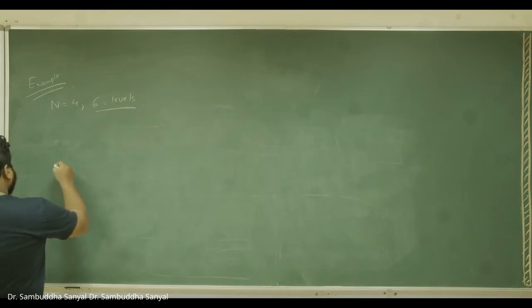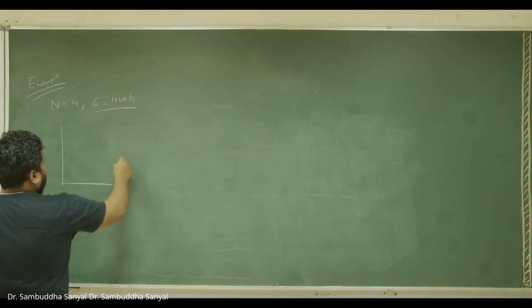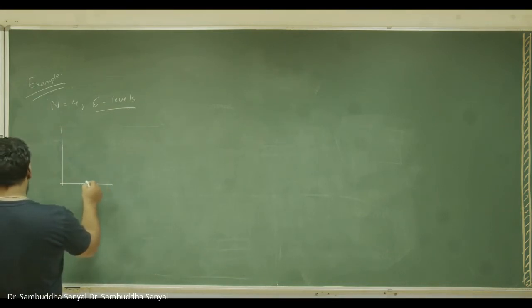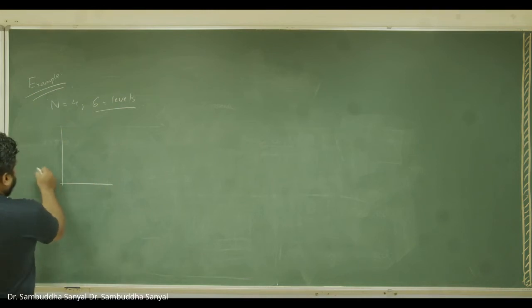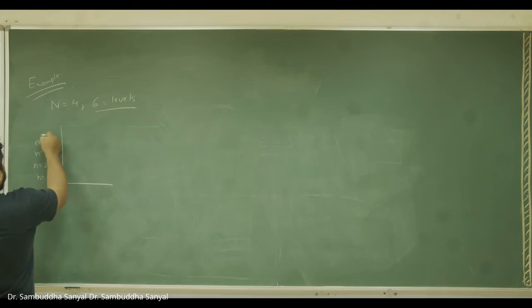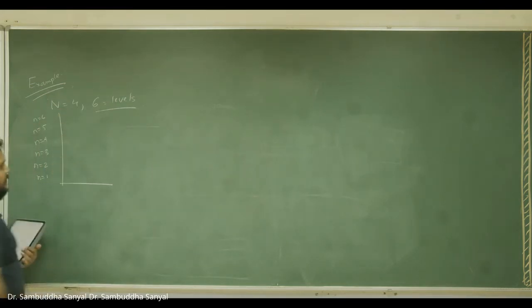Okay, so let's say I have 6 levels. For convenience I just made it 6 levels, but it can be anything. You will see there are problems in the physical world where, although I know that there are infinite levels in a hydrogen atom or anything else, some kind of complex many body effect can make the spectrum like this and then like this.